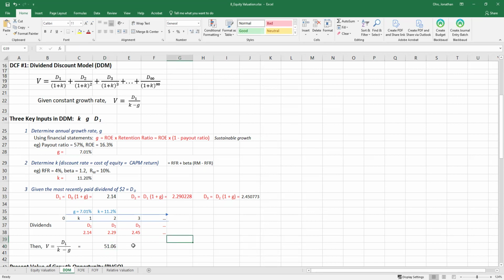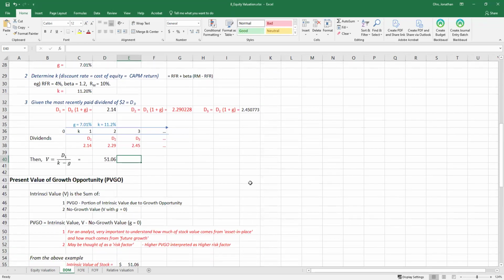That is the intrinsic value, also called theoretical value or fundamental value. This is the value that you can compare to the current market price, right?